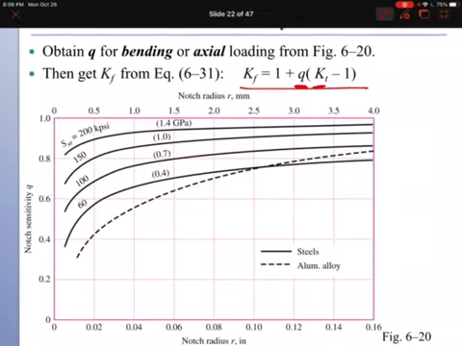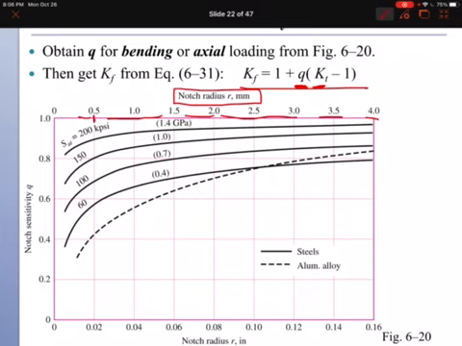So if you have bending or axial loading, you can use this figure, figure 6.20. In this figure, you can see that we have notch radius. This horizontal axis gives you notch radius in millimeters.